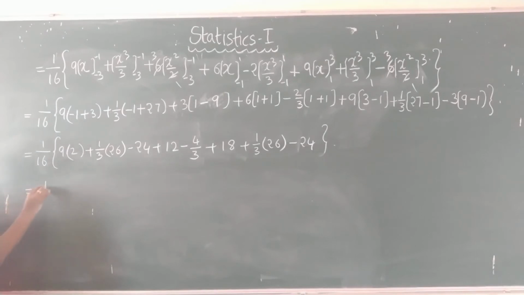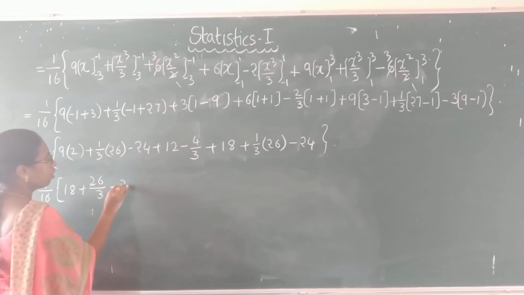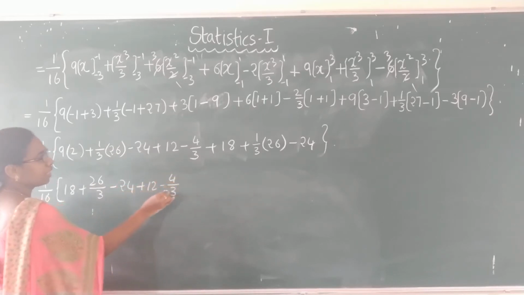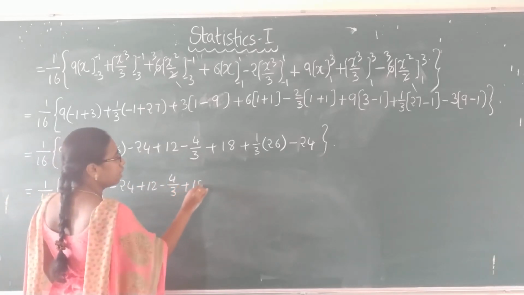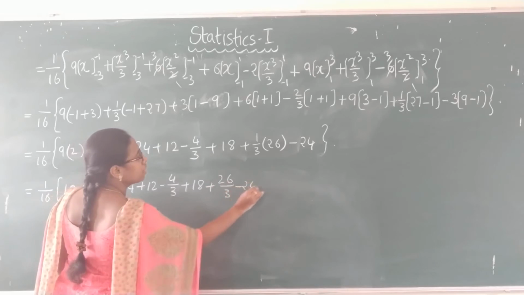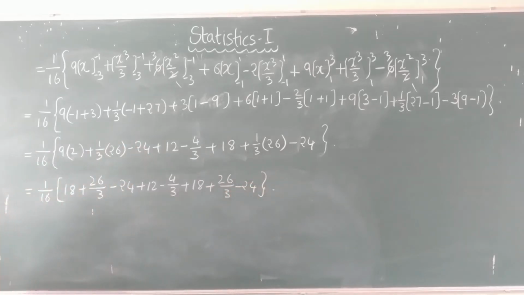Equals 1 by 16 into 9 twos are 18 plus 26 by 3 minus 24 plus 12 minus 4 by 3 plus 18 plus 26 by 3 minus 24. Now solve this one.